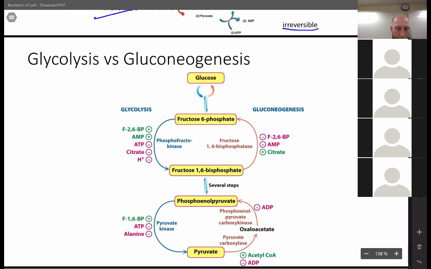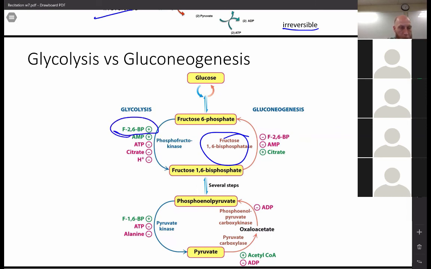And so you would have an accumulation of the 1,6-bisphosphate, and so you're going to have some of the substrate, the fructose 6-phosphate, going to the other enzyme, and so that's going to enhance the ability for glycolysis to function, because we're not going to inhibit, but we're going to activate. So that's why there's a plus sign on the glycolysis side.